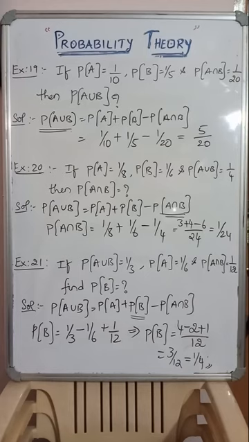Clear? So with this, I am going to wind up this video. We will have a few more problems as well as the multiplication theorem. Addition theorem problems so far we have seen. Next coming up is the multiplication theorem, where we have to observe both independent and dependent events. In addition theorem it is exclusive and non-exclusive, but in multiplication theorem we observe dependent and independent events, along with the theorem, proof and problems on multiplication theorem.